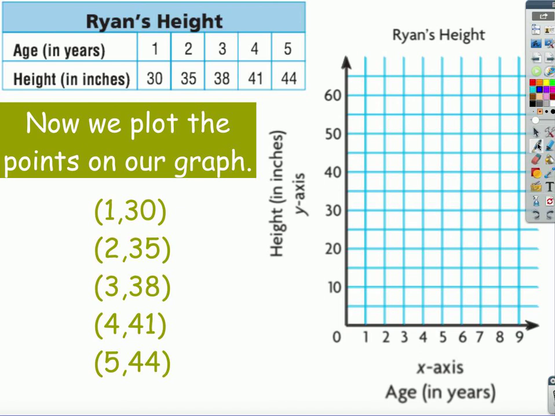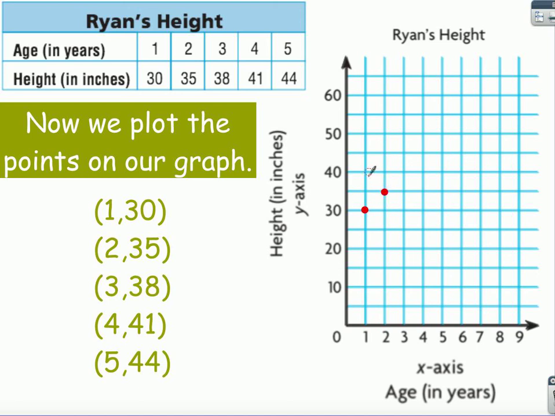So we'll plot this one here, and I'll get something here to help us with this. It's a little big. We'll plot the first point, 1 comma 30, or when he was 1 year old, he was 30 inches. So we'll plot our point there. When he was 2 years old, or the second ordered pair, he was 35.